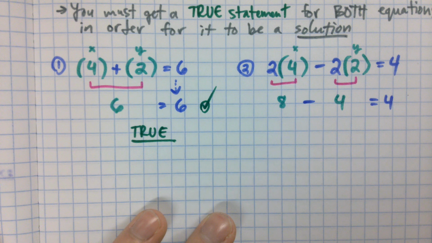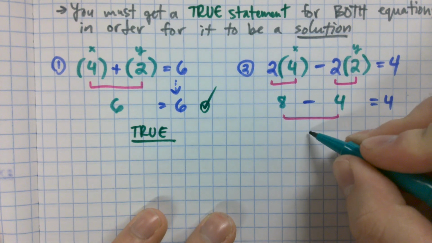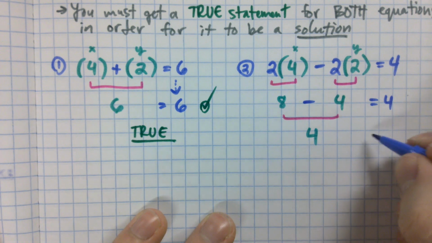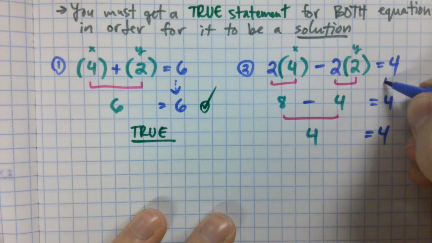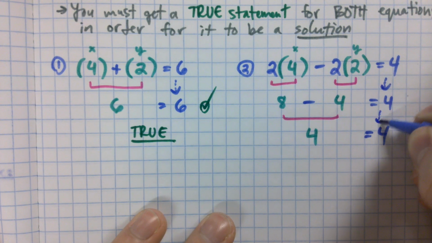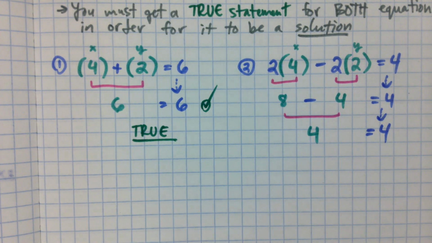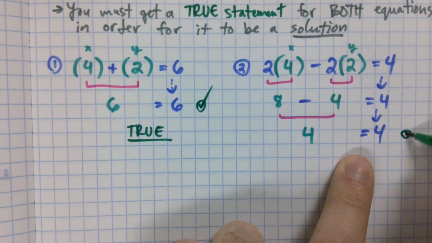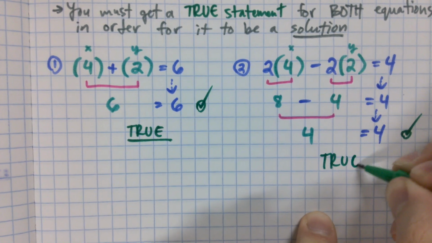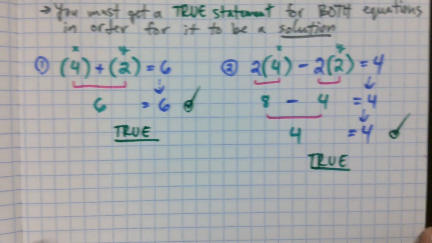Now we can subtract 8 minus 4, and that gives me what? 4. Again, we're bringing down that 4 on the right side of our equation each time. And is 4 equal to 4? Yes, it is. So this is true as well.